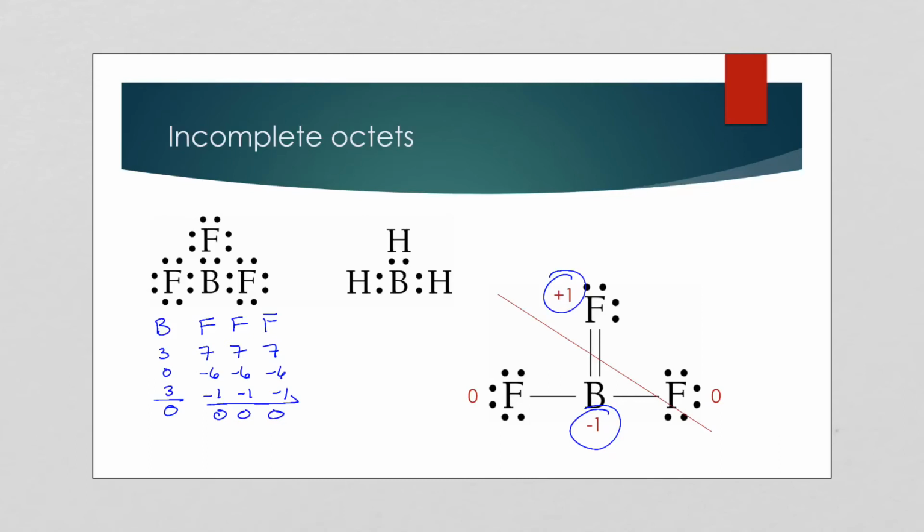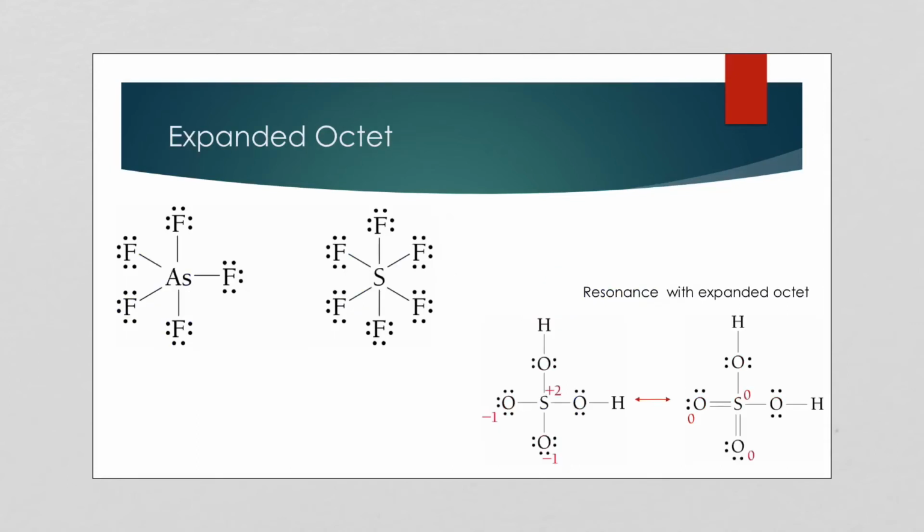So again, just a little way to show that boron, and also you could have aluminum here, are perfectly happy only having 6 electrons. So group 3, you're going to see these incomplete octets. Now, one thing that's much more common is expanded octets.